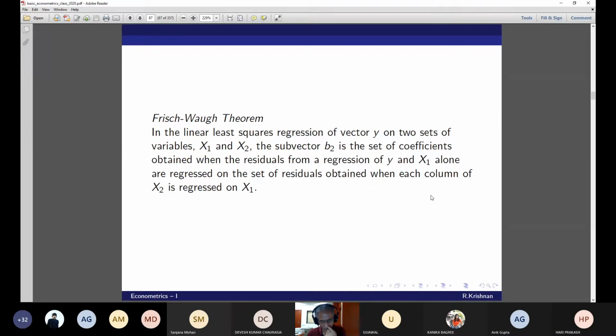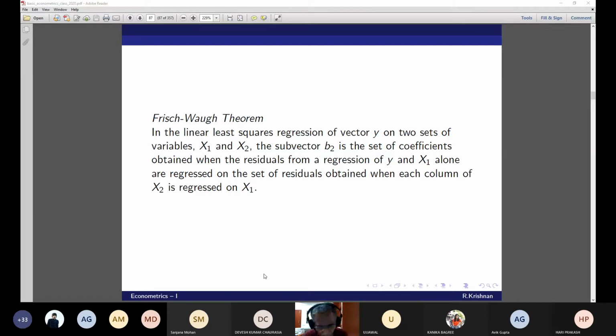Each column of x2 means each feature of x2; each column represents one independent variable. What will be the dependent variable? x2 will be dependent, and x1 is a 50 by 3 matrix while x2 is 50 by 2, so x2 has 2 components and x1 has 3 independent variables.